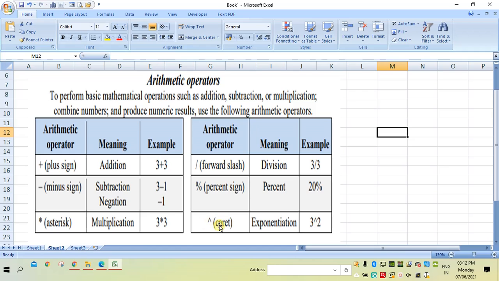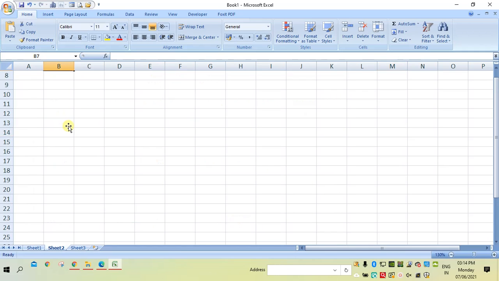So let us see how to use the addition symbol. The addition symbol is a plus. To add the numbers present in C11, that is 56, and D11, 76. C11 is the cell address of this cell, and D11 is the address of this one.